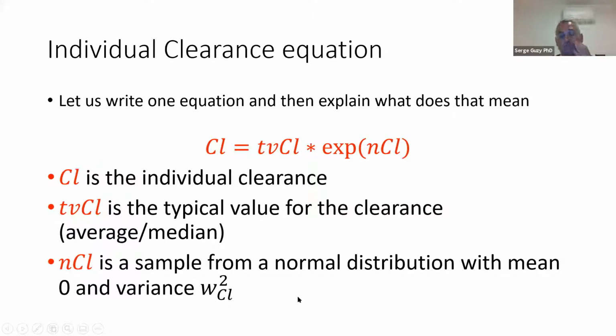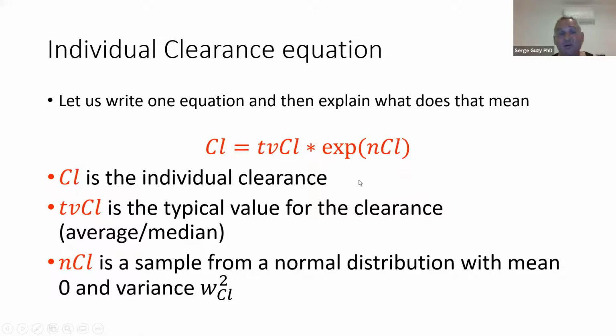And again, we are going to talk about that later on. For example, suppose that the average clearance is 5, and 5 is not picked from a distribution. Because 5 is called the typical clearance, it is called the fixed effect, since a fixed effect is not sampled from a distribution. Contrarily, NCL is picked from a distribution that has a mean of 0 and a variance of W square CL, and that's why it's called a random effect.